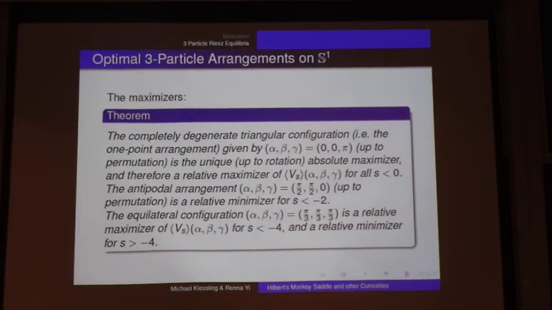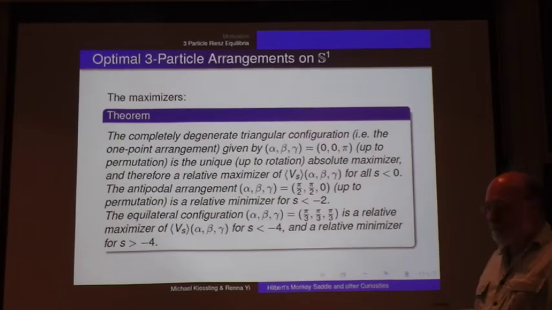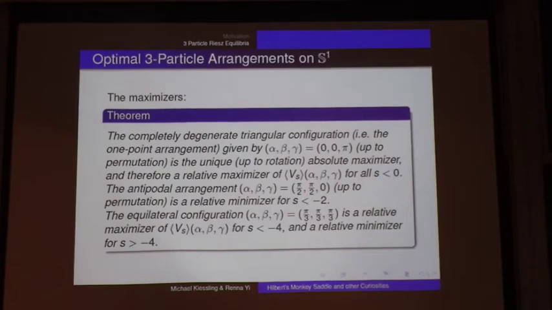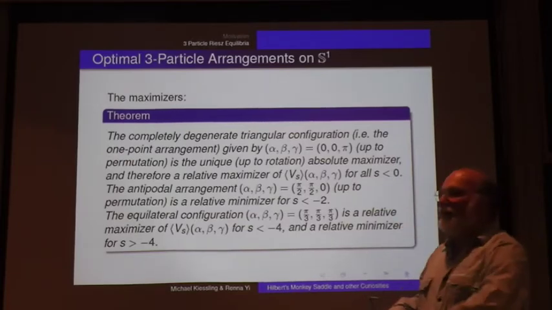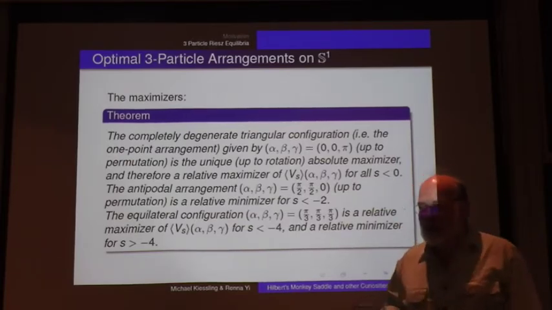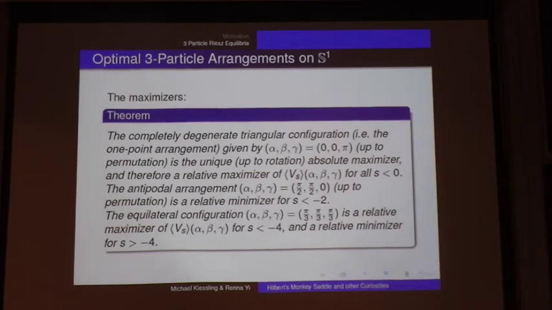So, maximizers. Now, from here on, everything is from the summer research project. So the maximizers, well, what could be the absolute maximizers? Well, all 3 particles are sitting on top of each other, right? So that's the absolute maximum energy. Yes, sure, of course, that's a universal maximizer.